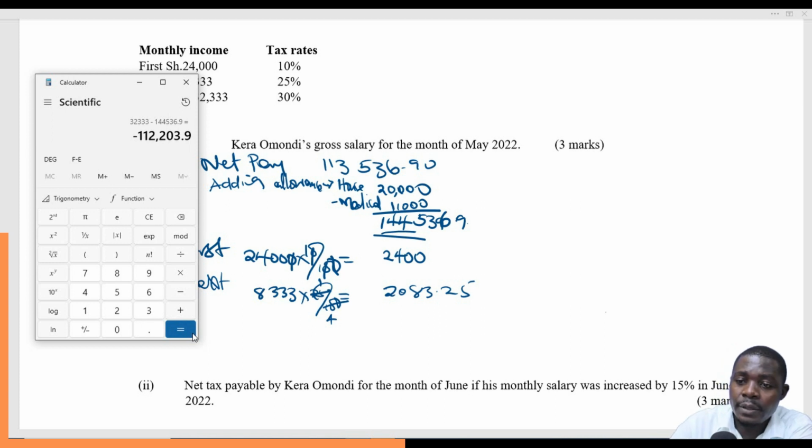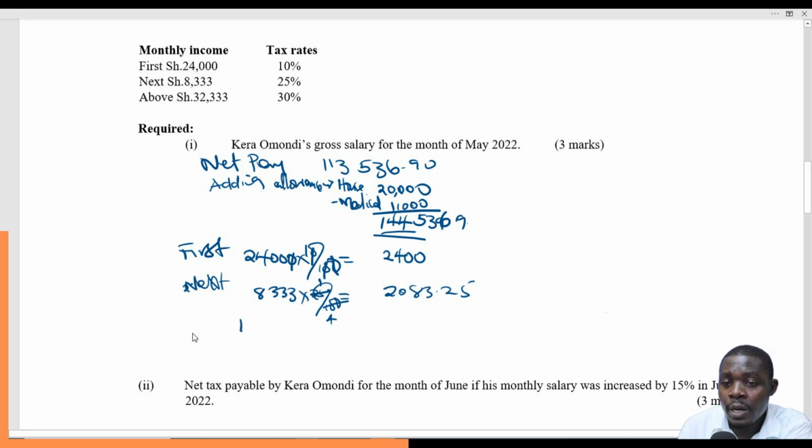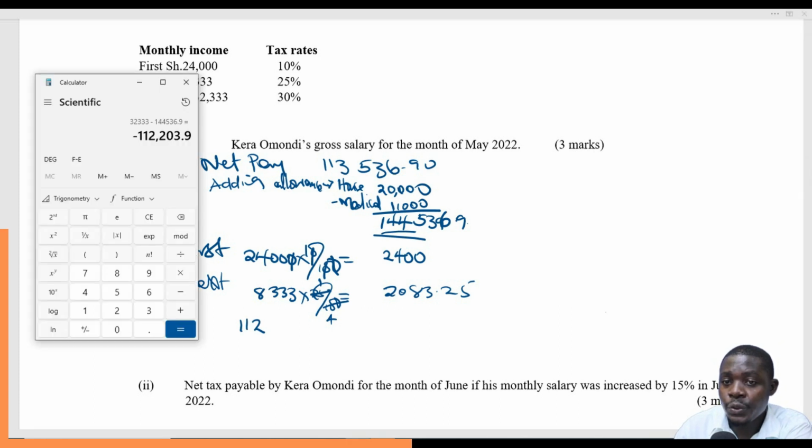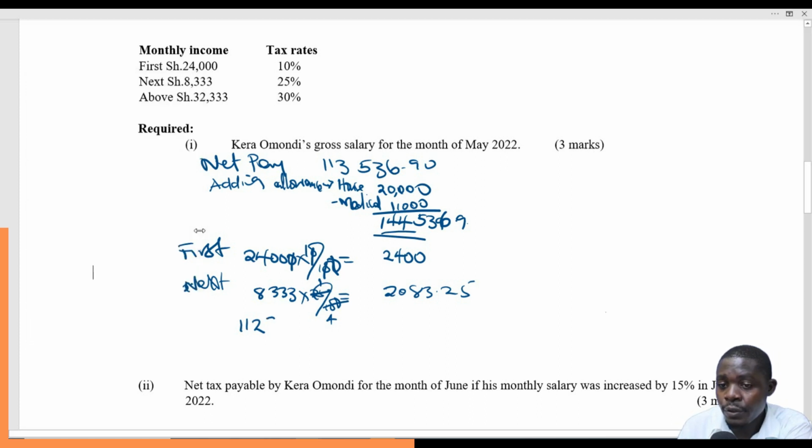You get 112,203.9. This is the one that is above 32,333. We multiply by 30 over 100, that is 0.3.